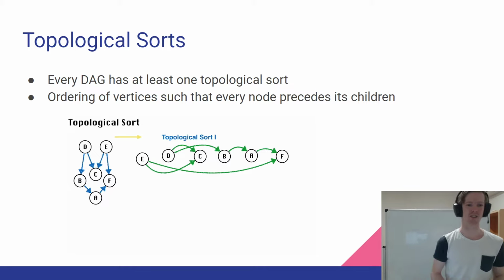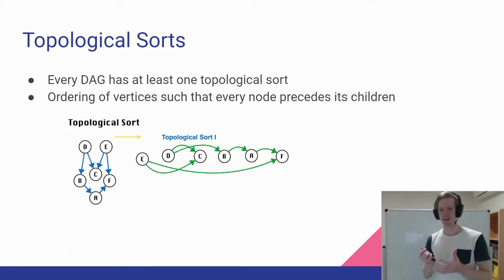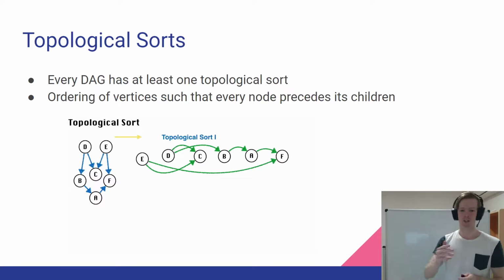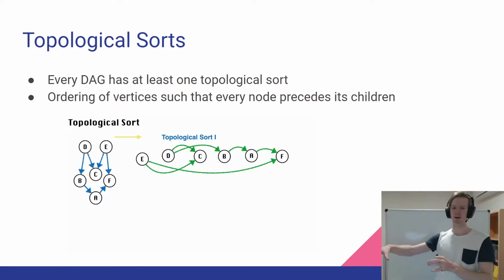And that's through, first of all, understanding that every DAG has a topological sort. So every DAG has a way in which you can order the vertices so that you're always enumerating such that all the nodes that come afterwards are dependencies.